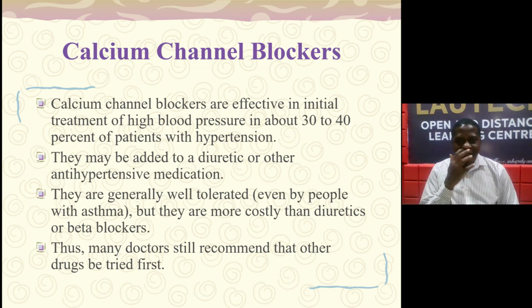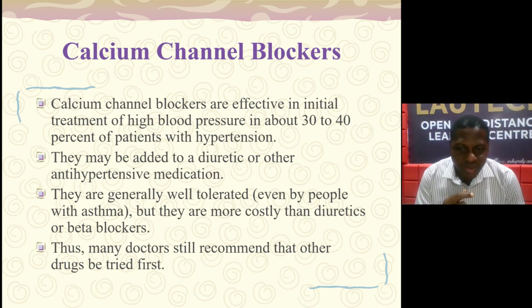They may be added to diuretics or other antihypertensive medication. They are generally well tolerated even by people with asthma, but they are more costly than diuretics or beta blockers. Thus, many doctors still recommend that others be tried first.